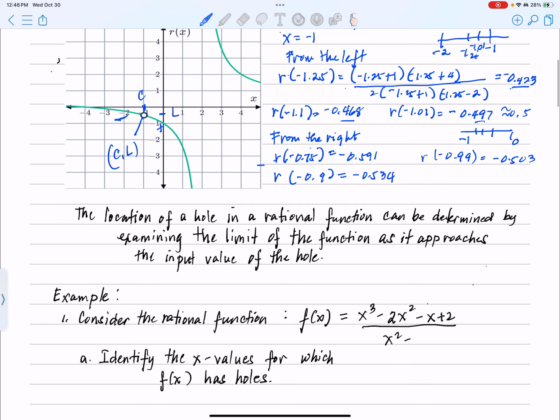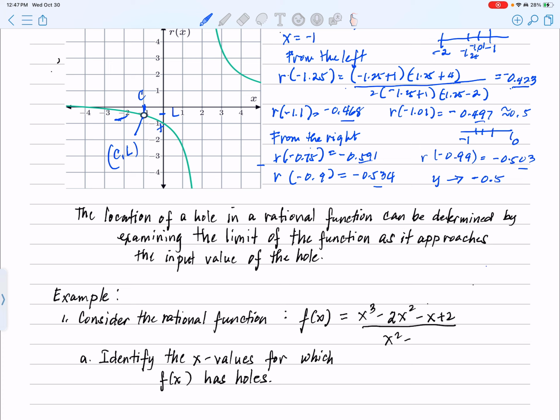Okay. We can see here, from its direction, from left or from right, as the x value gets extremely close to -1, the y value approaches -0.5, in limit notation.